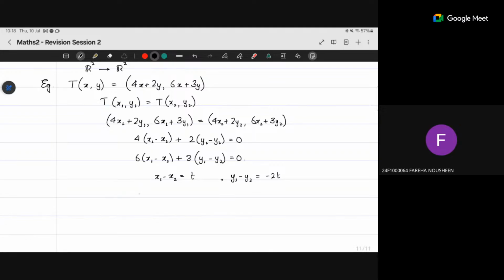What I would need to say is, look at t of, let's say, 1 comma 0 and t of, let's say, 2 comma minus 2. Let's try this. Does this work?